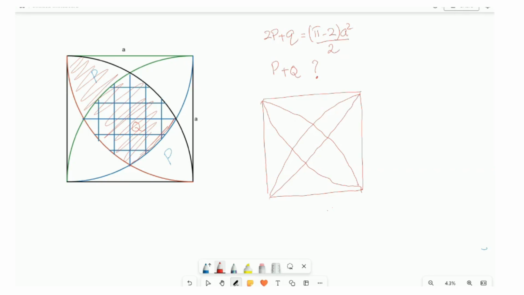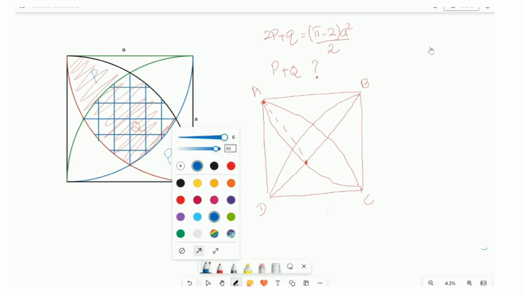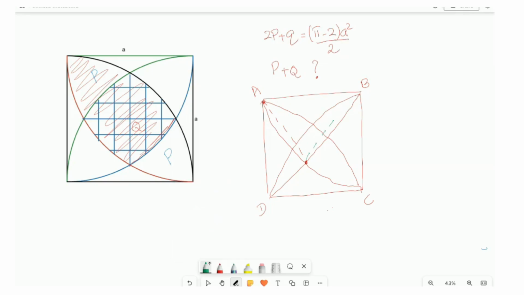So what I am doing now, this is A, B, C, D. I will connect this one to this one, and this one to this one to this one.